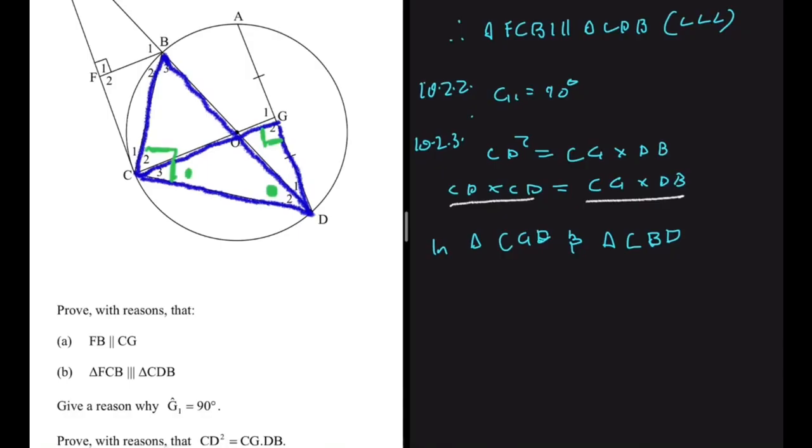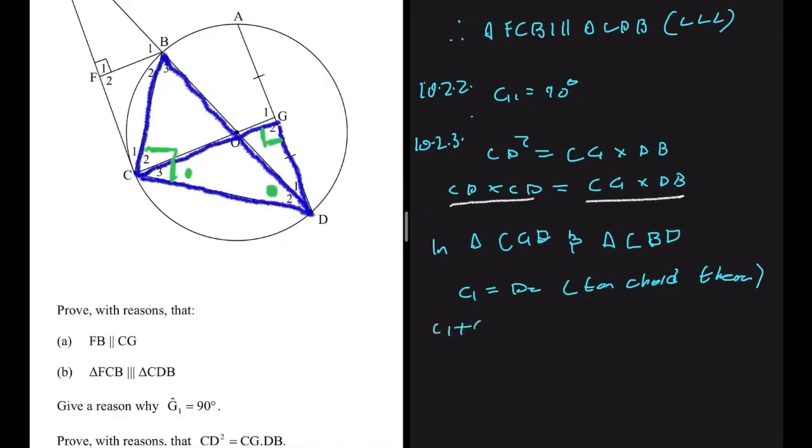So we have already said that C1 is equal to D2 because of the tan chord theorem, right? So if we prove that C3 is equal to C1, then we are basically saying that C3 is equal to D2. But how can we do that?